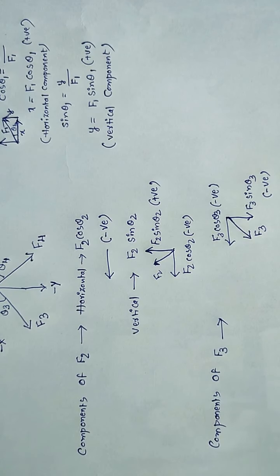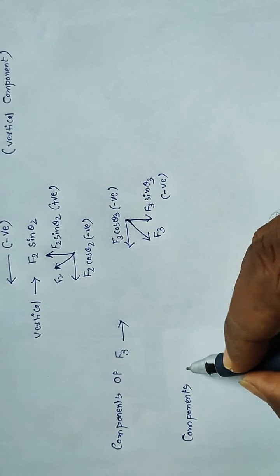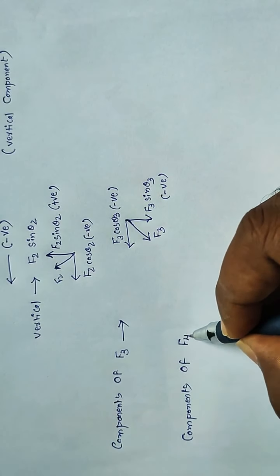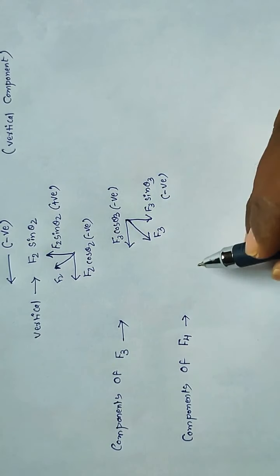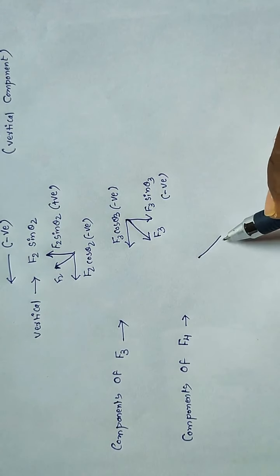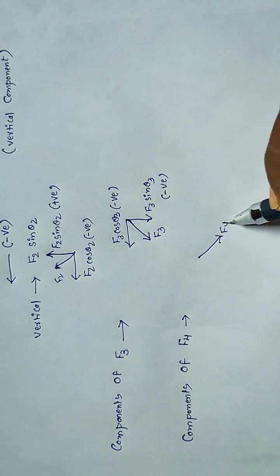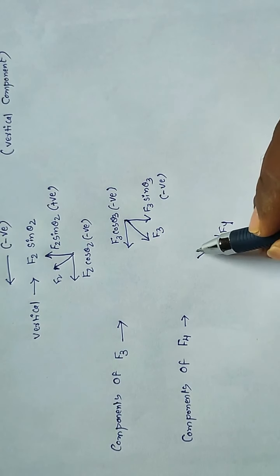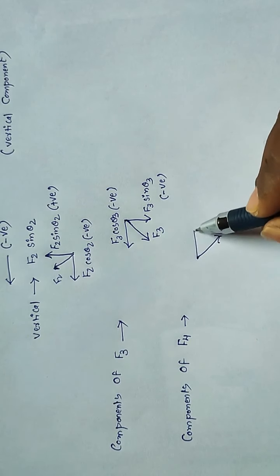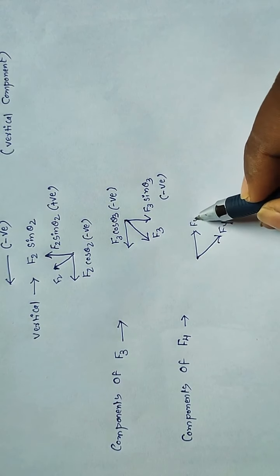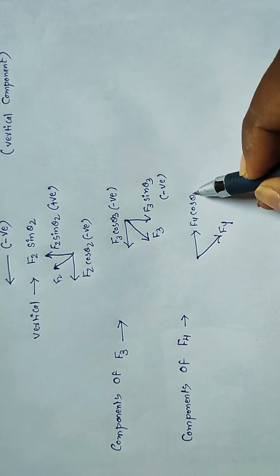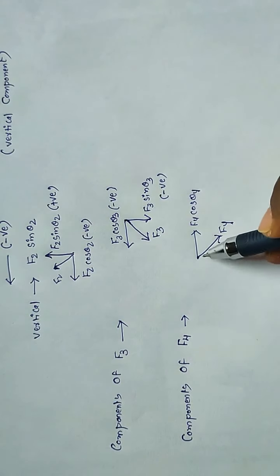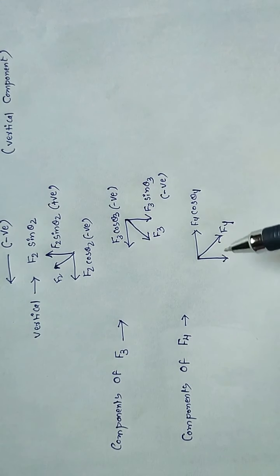Similarly, the components of F4. F4 is like this. It is going to have F4 cos theta 4, which acts in the positive x direction, and the vertical component F4 sin theta 4.